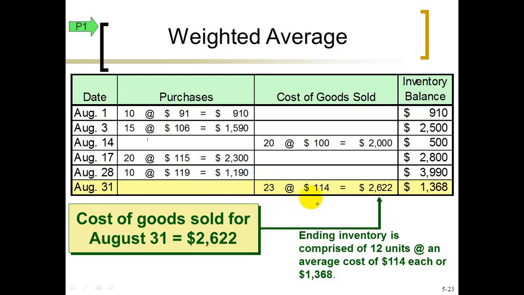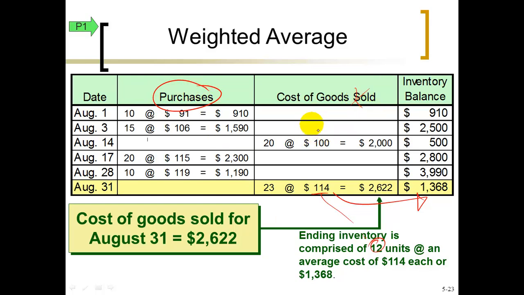Here's using the new average cost, 114, we had figured out in the previous screen. So again, whatever's remaining here has the same average cost, 12 units left over, averaging a cost of 114. This times this should give us this inventory balance. You only figure out a new average when you buy. You do not figure out a new average when you sell.